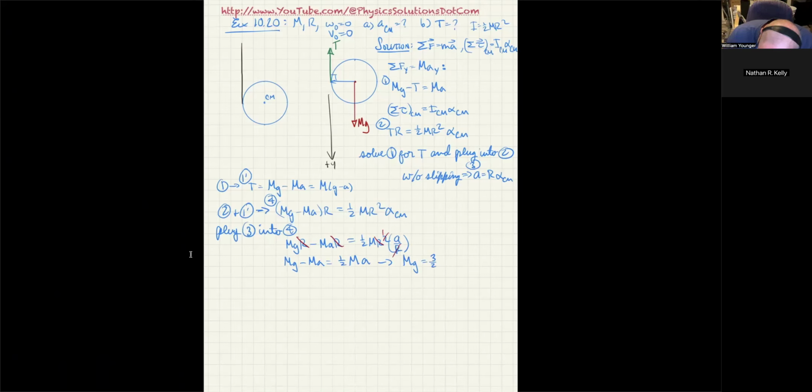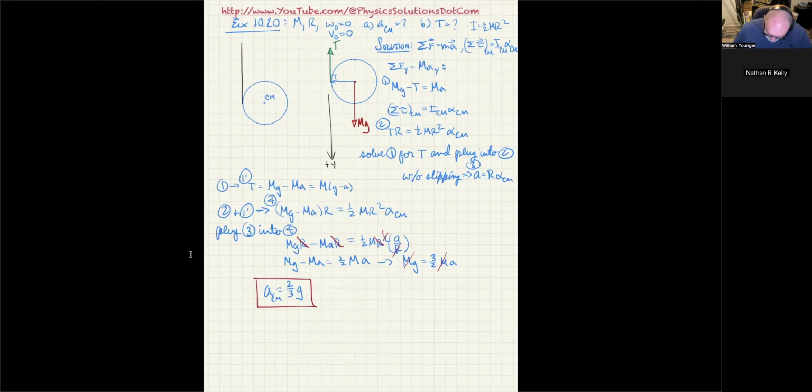So that's going to make 3 halves ma. The m's now obviously cancel out, and that gives me that a is actually equal to 2/3 g. So that's the acceleration of the center of mass that we've been talking about, and that's what they wanted us to find. So now I've got the acceleration of the center of mass.